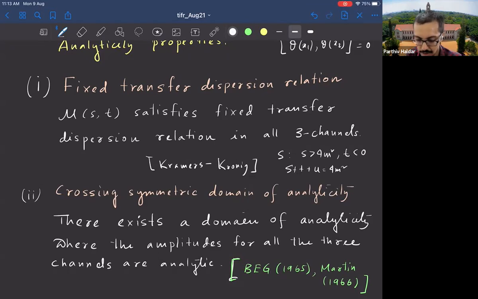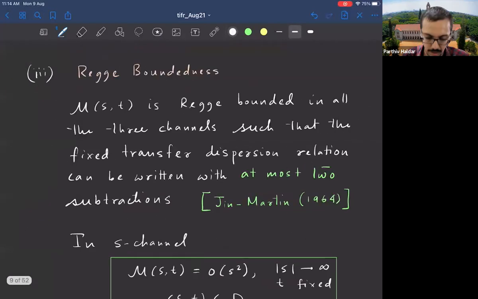Without this crossing symmetric domain, the statement of crossing symmetry has two parts. One is that there has to be a single larger domain which contains all the three subdomains, so that you can actually do the analytic continuation from one channel to another channel.